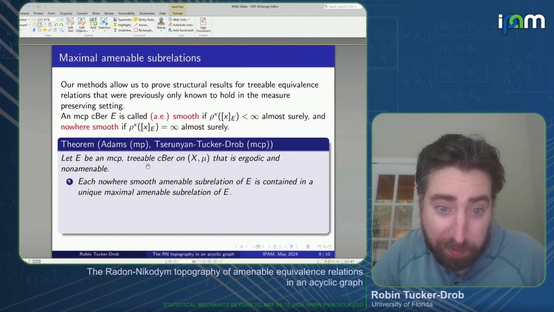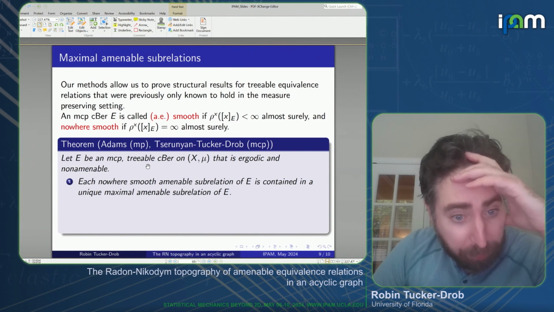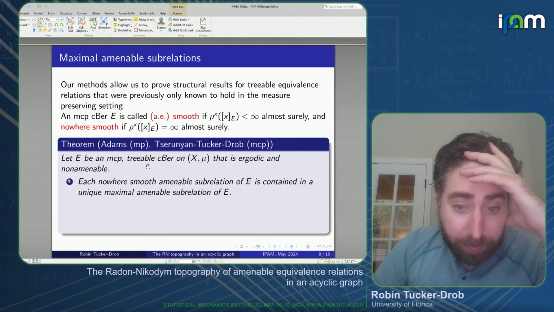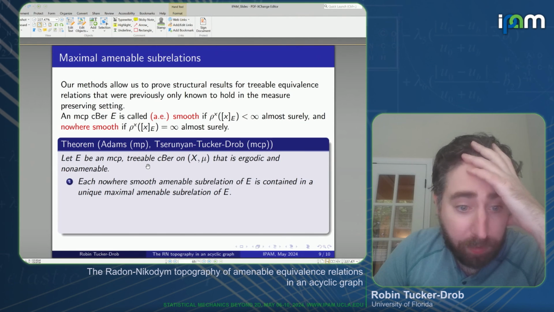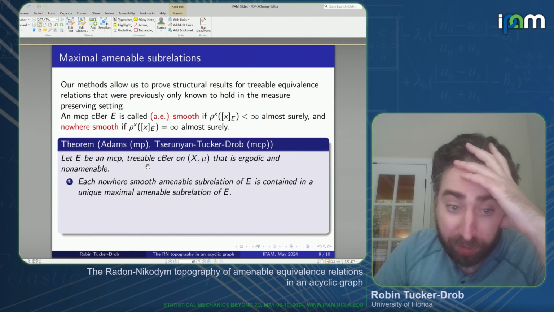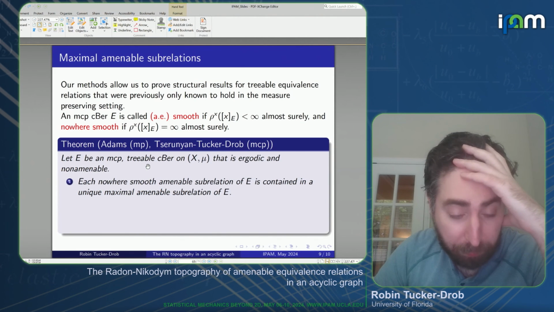So we want it to be cocycle infinite on every class or almost every class, and we want it to be amenable. The statement is that any nowhere smooth amenable subrelation is contained in a unique maximal amenable subrelation of E. So I can't have two different maximal amenable subrelations that contain this nowhere smooth subrelation.